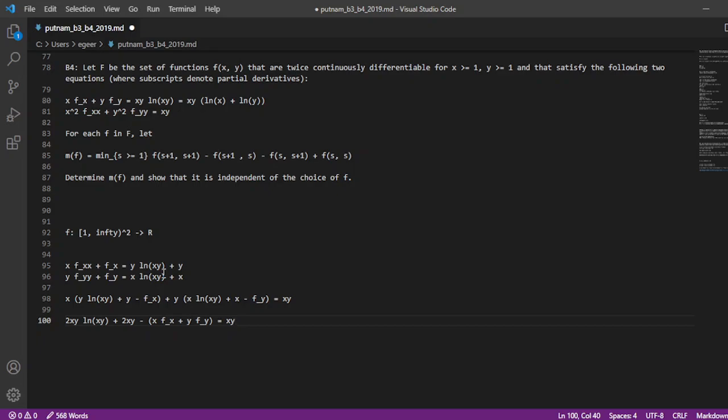So it's kind of a big mystery what's going on here. Yeah, because we know that this is equal to this, right? So if you write plus 2xy minus xy ln xy, this is not equal to xy in general.